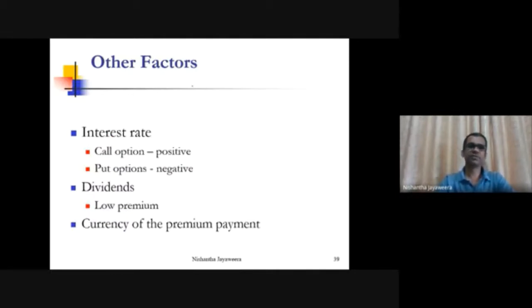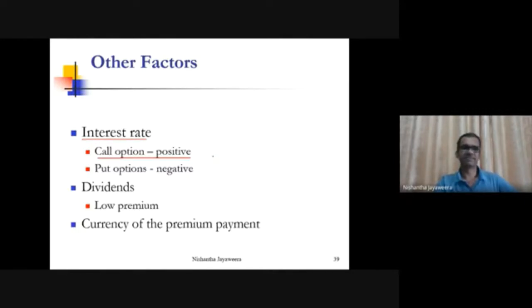Then we'll move into the other factors. Interest rate. Interest rate, again, like strike price, behaves differently for call options and put options. For call options, the higher the interest rate, the higher the premium. What is the reason?